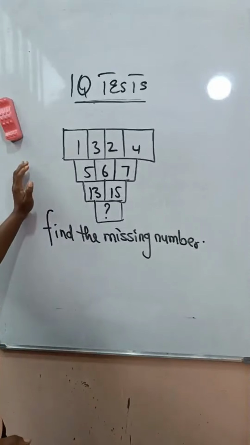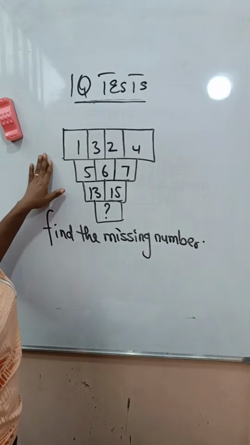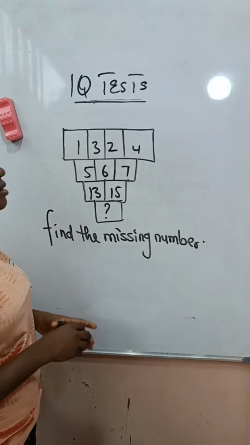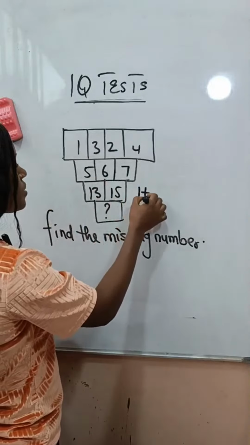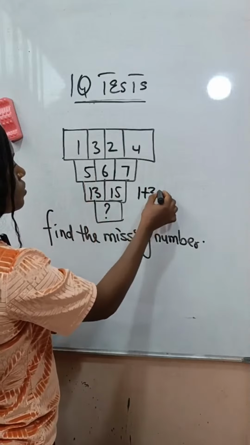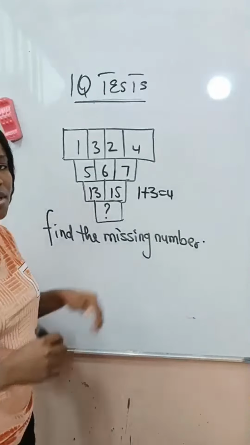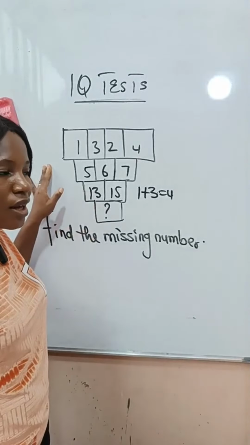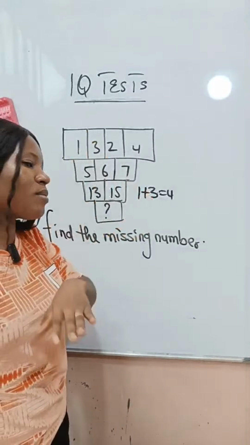So the truth is that when you look at this, you will notice that for the first row, 1 plus 3 will give you what? 4. But what we have here is 5. The first thing is that this is an addition wall. Anytime you see numbers or puzzles in this form, it's normally an addition wall.